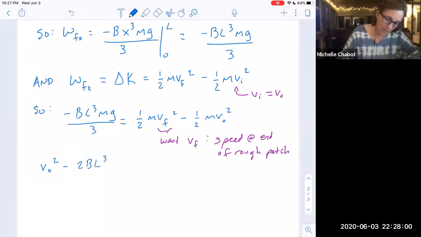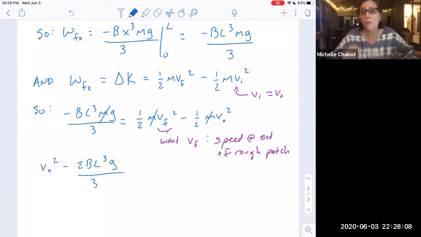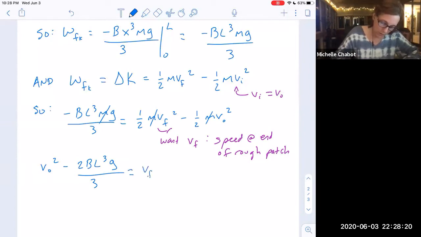My m's canceled from everything, so the m's can go away. So I'm multiplying everything by 2 over m, basically, and then I move that one term over. Again, you can do the algebra however you feel comfortable. And then that's going to be equal to v final squared.